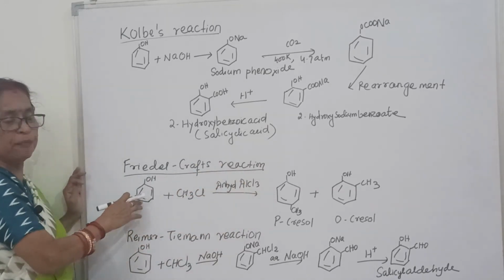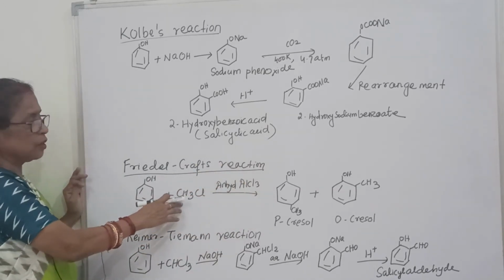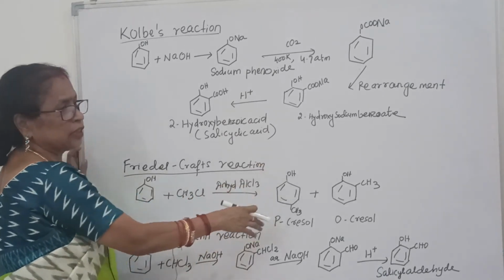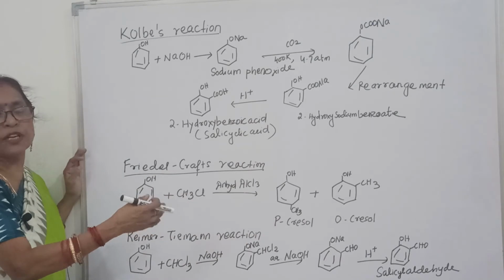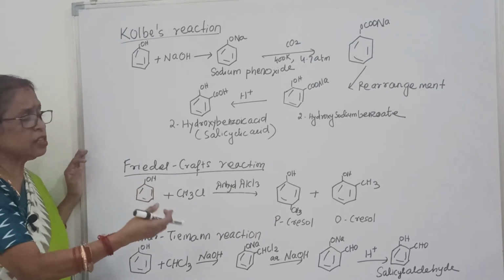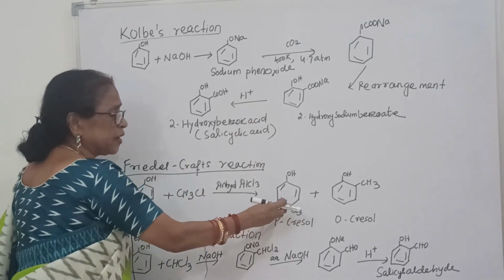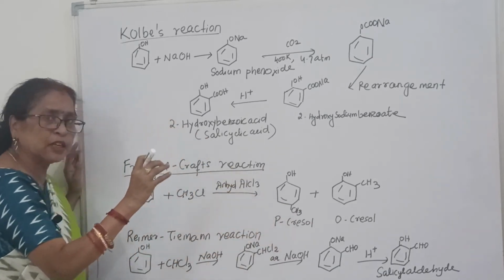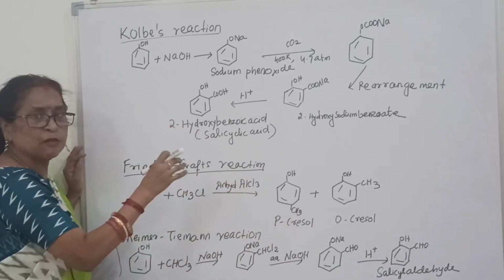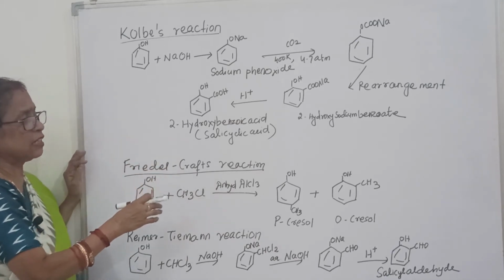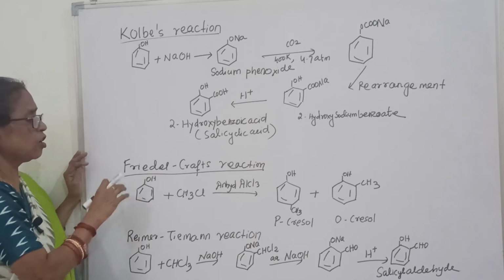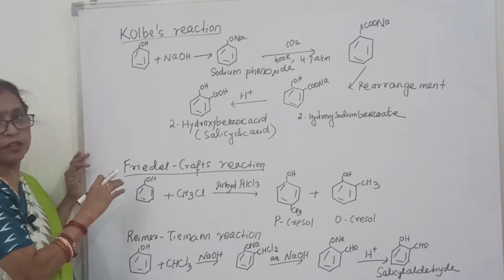Now here phenol with methyl chloride and anhydrous aluminum chloride gives para-cresol and ortho-cresol. What do para-cresol and ortho-cresol mean? That means when the CH3 group is attached to the 4th position, that is para-cresol. When the CH3 group is attached to the second position in phenol, that is called ortho-cresol. And this is called Friedel-Crafts reaction.